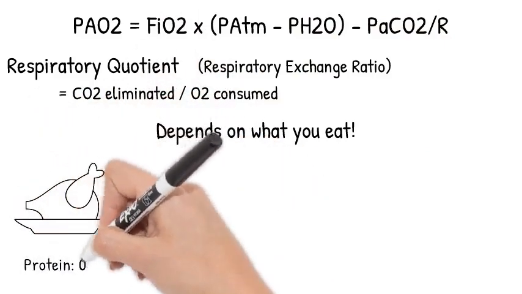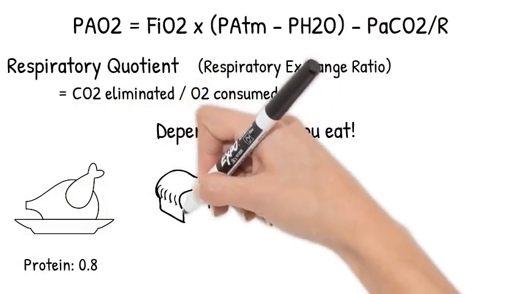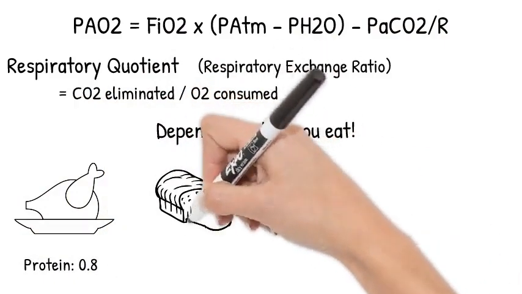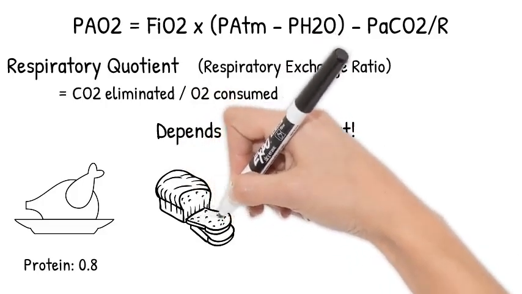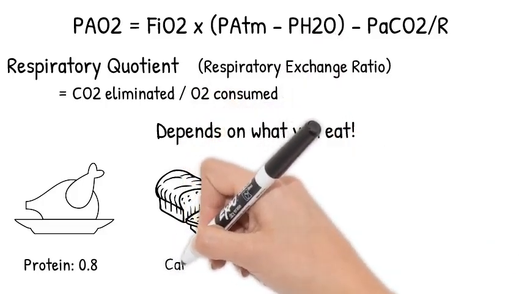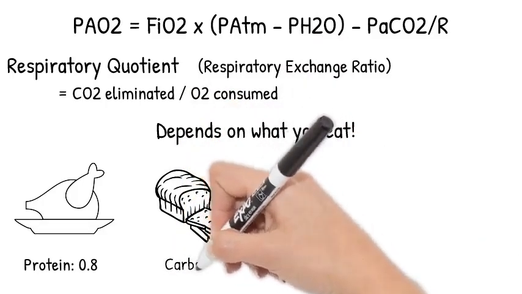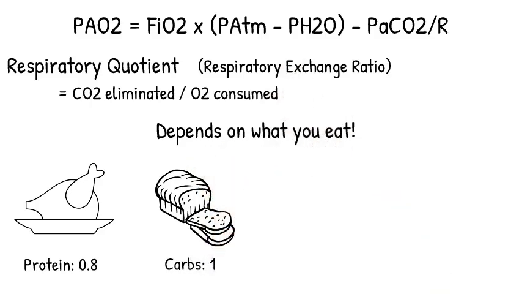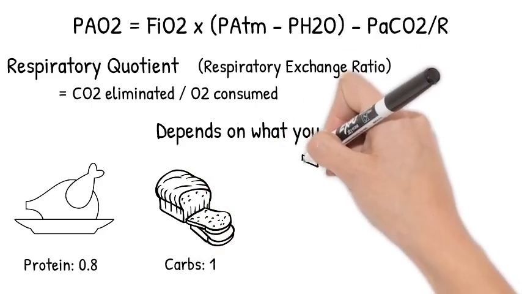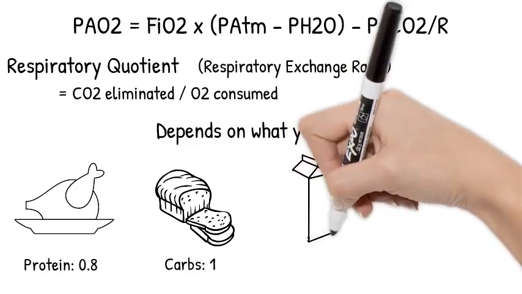So if you eat mostly protein, or only protein, in your diet, then your respiratory quotient is 0.8. Whereas if you eat a lot of carbs, then your respiratory quotient is going to be 1, which I think is the reason why the concept of carbo loading came in terms of exercise, because it makes your respiratory quotient better.